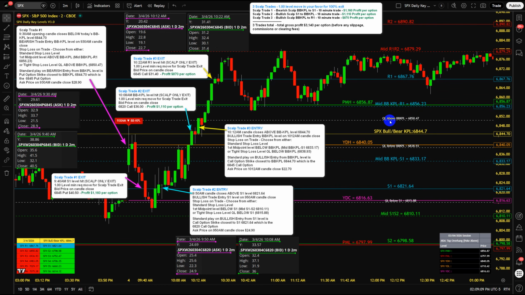So that's trader's choice whether you prefer to take the standard or the tight stop loss on this trade. Your exit is going to be on a scalp trade, a one level move in your favor. A one level move in your favor on a bearish trade from the bull bear KPL is going to be one full level down. That's going to be the S1 level for today's session.